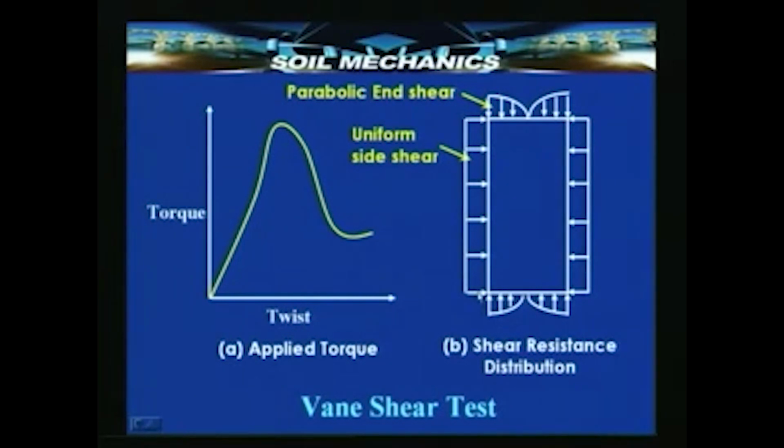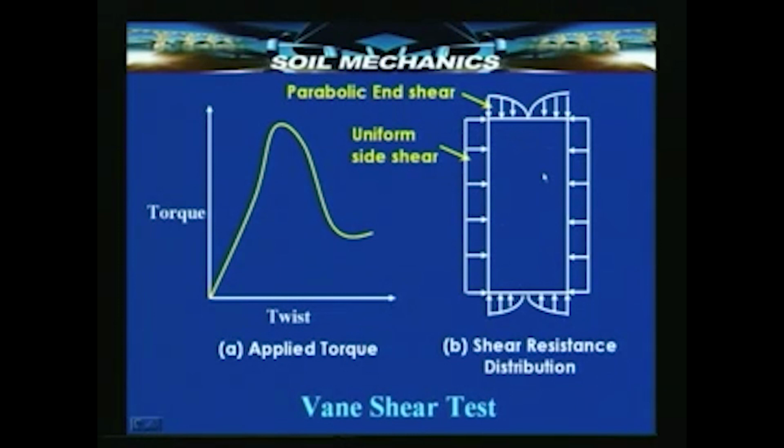Usually the shear resistance distribution is taken as uniform on the two sides, and at the top it is taken as uniform, and so is the case with the bottom. What is shown here is a more generalized distribution than a uniform one, that is a parabolic end shear distribution, whether it is at the top end or at the bottom end.